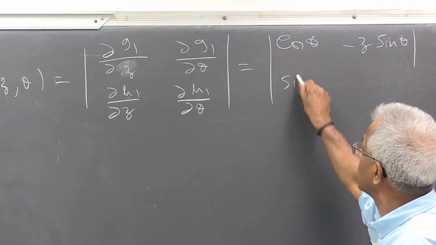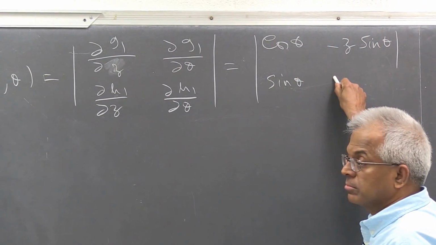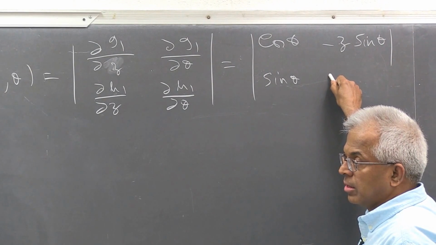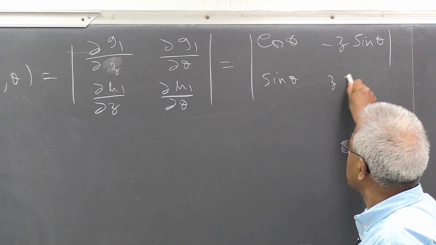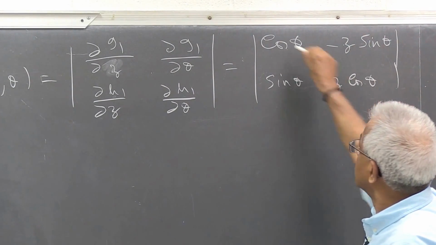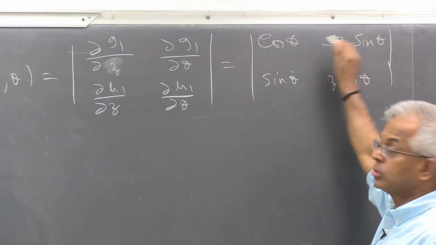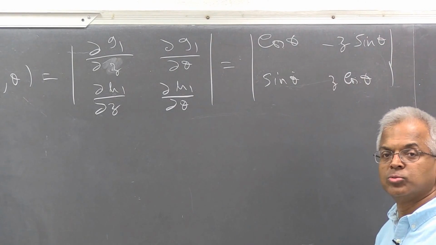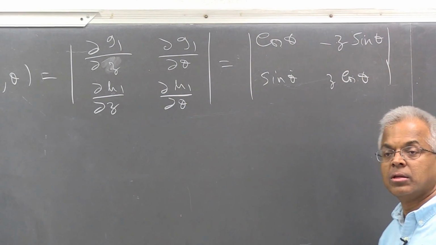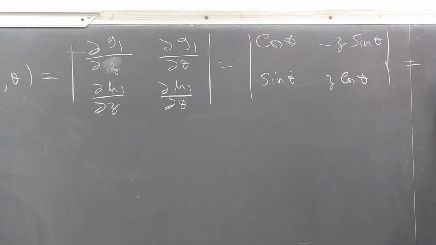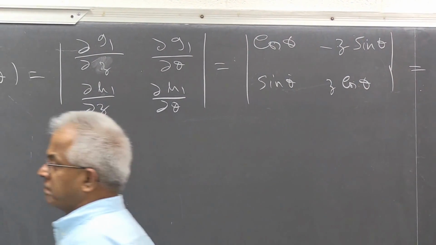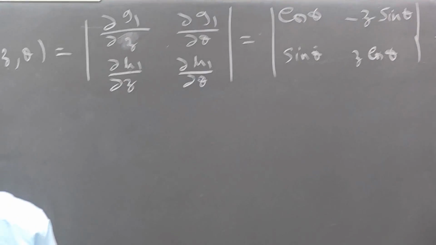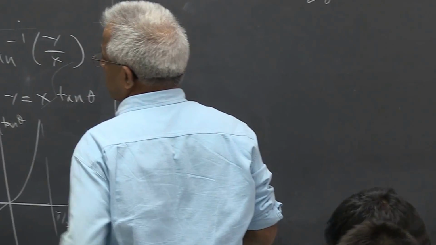And the other one here? All right, so what's the determinant? Jacobian is the determinant of this 2 by 2 matrix. So that's going to be z itself, right?